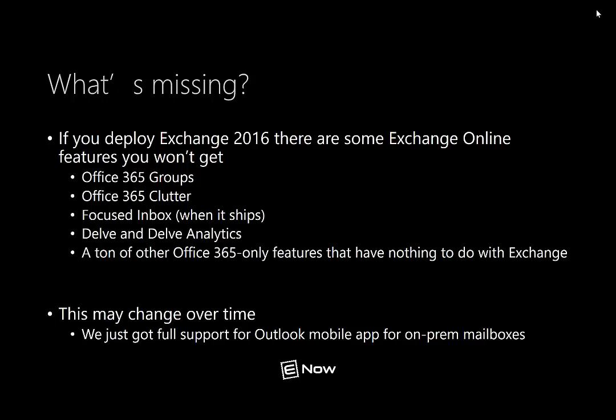Great example: Tony Redmond wrote a long article about this a couple of weeks ago, talking about the change in Exchange Online that enables it to act as a cache for the Outlook mobile app. Microsoft had to do this because they wanted to get the Outlook backend off of Amazon Web Services. But as a side effect of doing that, now they're going to be able to fully support using the Outlook mobile app against on-prem mailboxes by using Exchange Online.